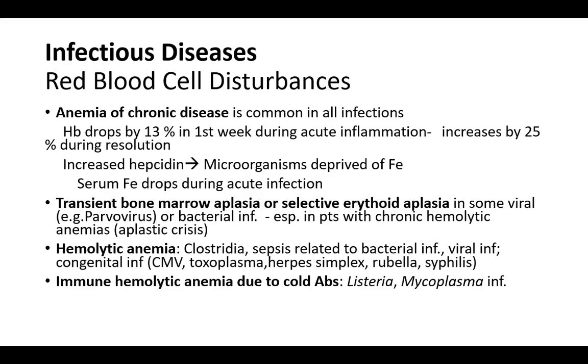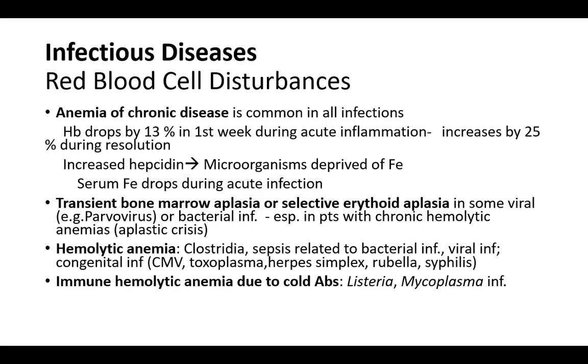Usually there's a drop in hemoglobin levels in acute infections in the first week, which then increases during resolution. This is due to increased levels of hepcidin, and this, as I have pointed out, is a protective mechanism against microorganisms.